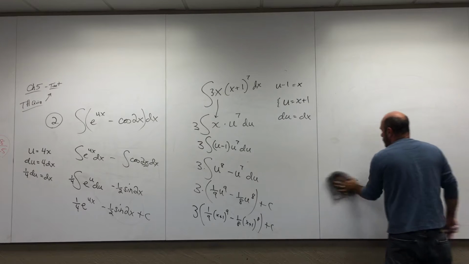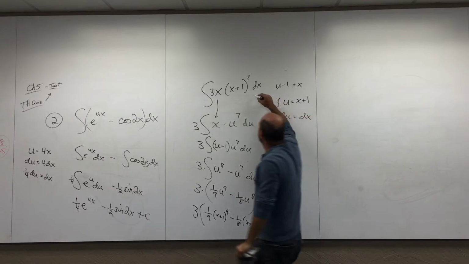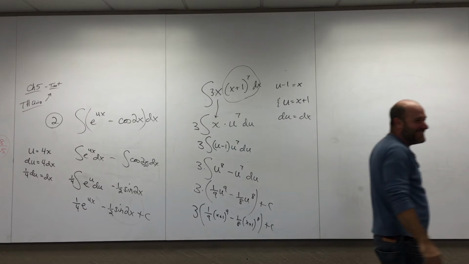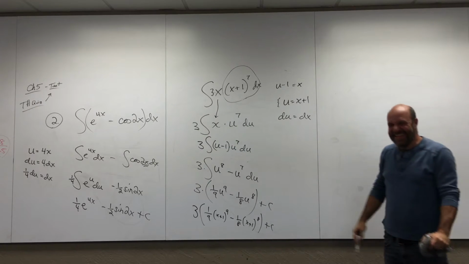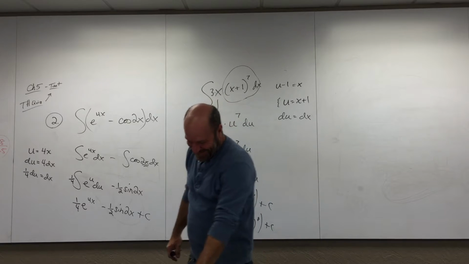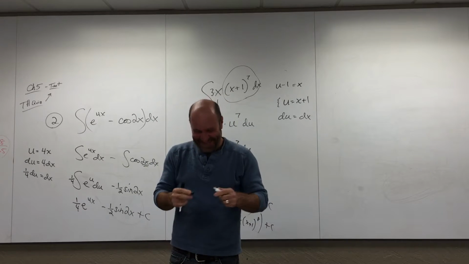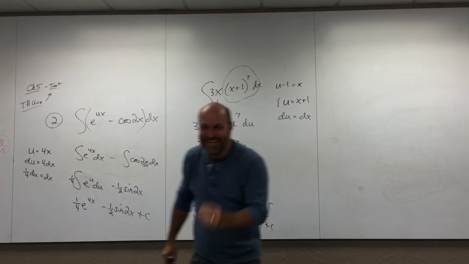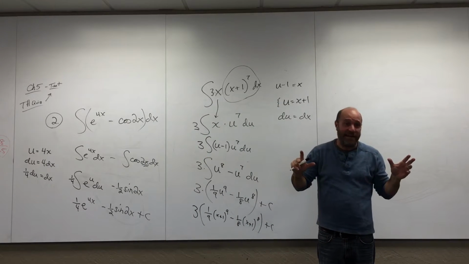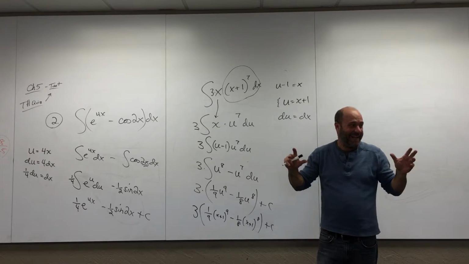Did anybody think about trying to FOIL it out to the 7th? Oh my goodness. Is that doable? You can, but I didn't want to think about it. Somebody tried, but I didn't give him any credit for it.